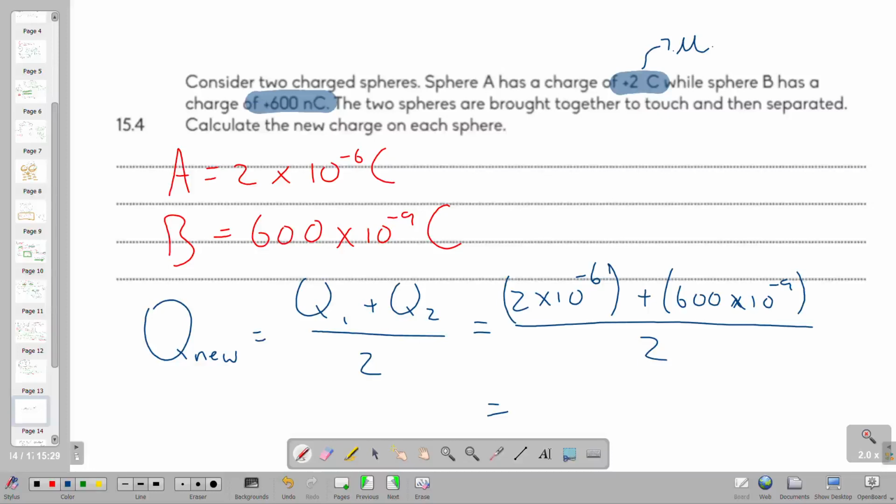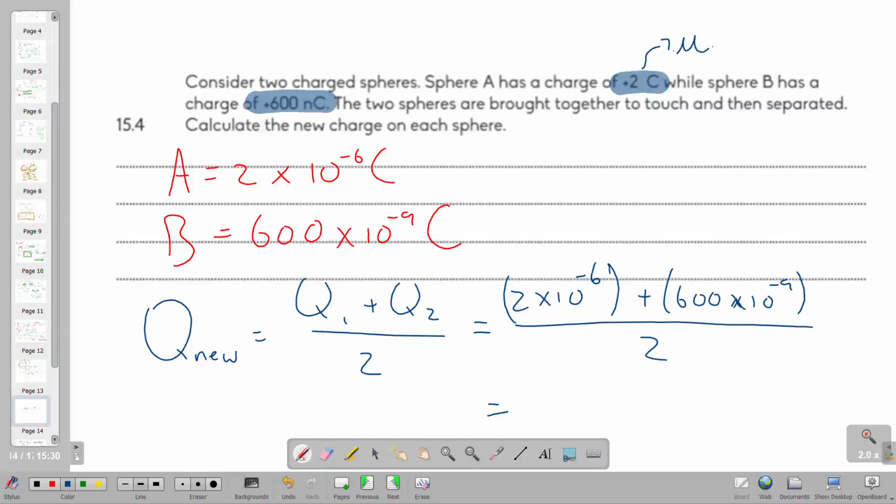The answer should be here, so it's 2 times 10 to the negative 6 plus 600 times 10 to the negative 9, all of this over 2.